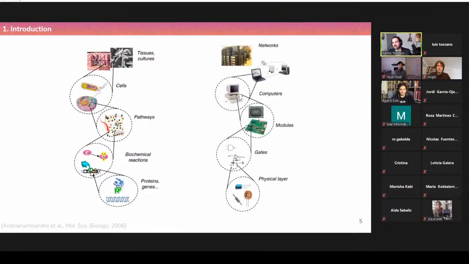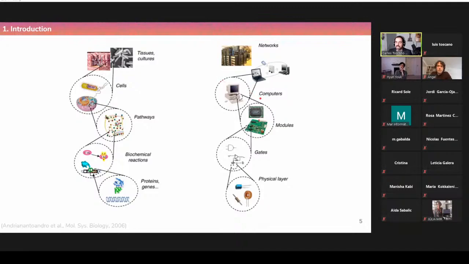Now, this figure is the way of thinking in synthetic biology, in the sense that we expect synthetic biology to behave like engineering, in which we have some physical components that we can connect so they behave as, for instance, a logic gate. We can integrate that into circuits, and then we can build computers.